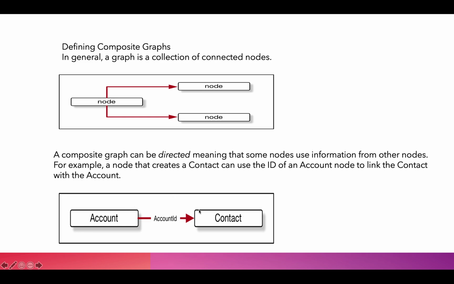I will take a use case for this, and it will be much clearer then. The idea here is that the account ID is an output of this account creation, and this result can be used as an association between a new contact being created and the account, using this account ID. That is the main crux.